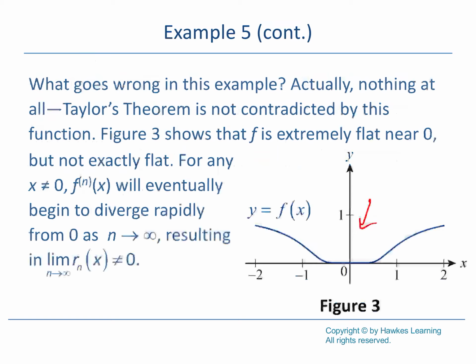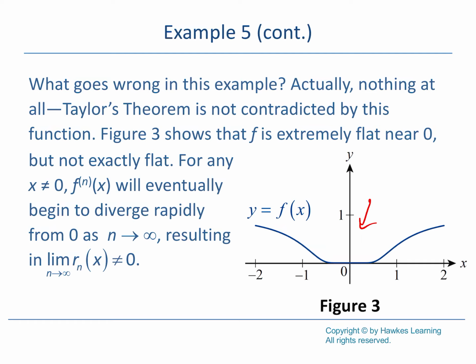Which is, I don't know, just a cool example of a case where it's not necessarily that Taylor's theorem is wrong or contradicted by this function, but since the function is just extremely flat at that point, the derivative information is not giving you useful information, and therefore you're not able to make a useful Taylor polynomial based on that derivative information.